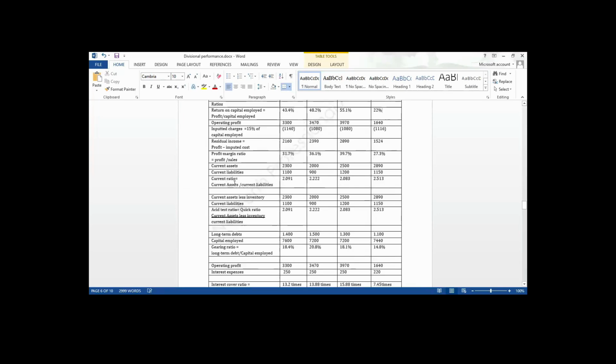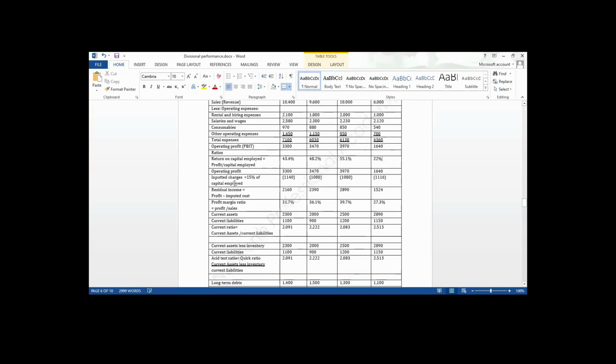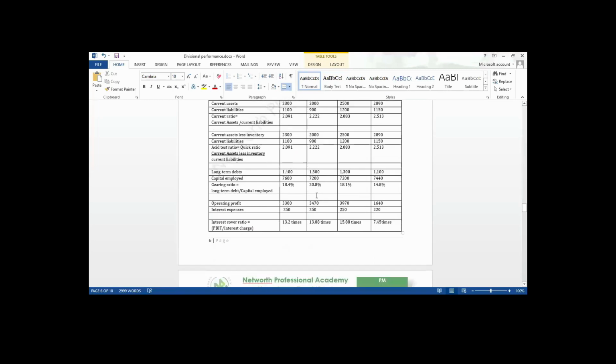Let's compare. Residual income: Sekenisi has gotten 2,890, while Owerri has gotten 2,160. But in 2019, Owerri performed better than Sekenisi Center.